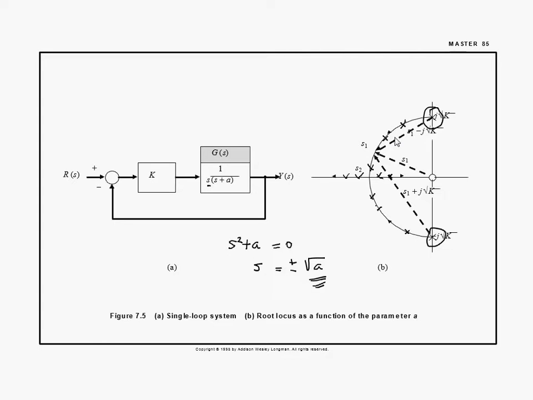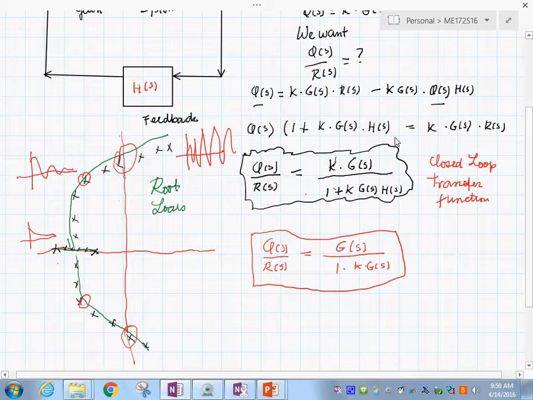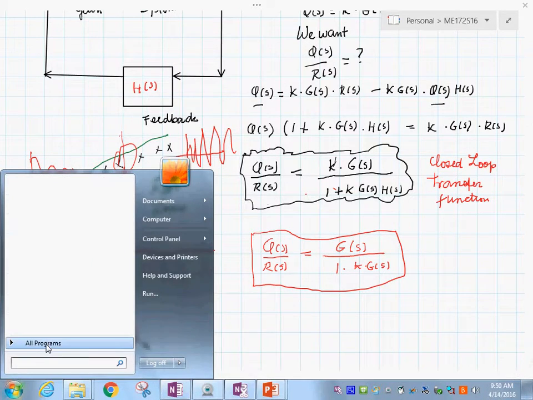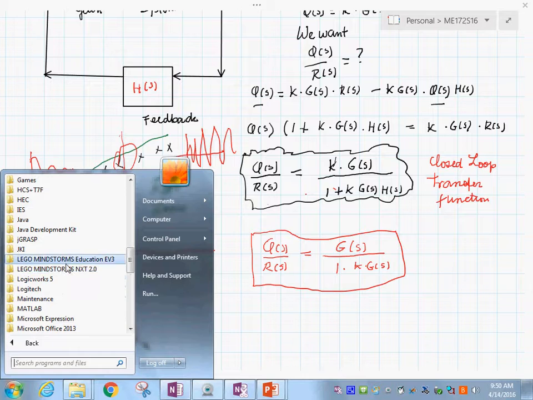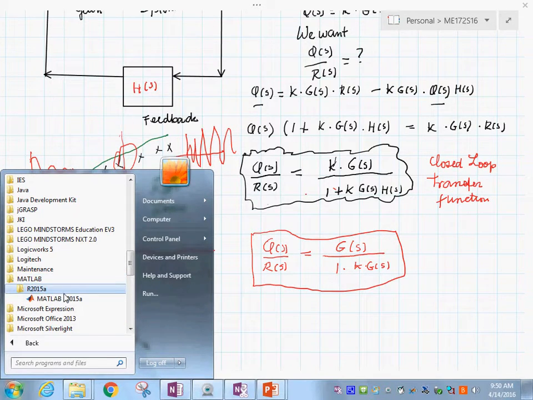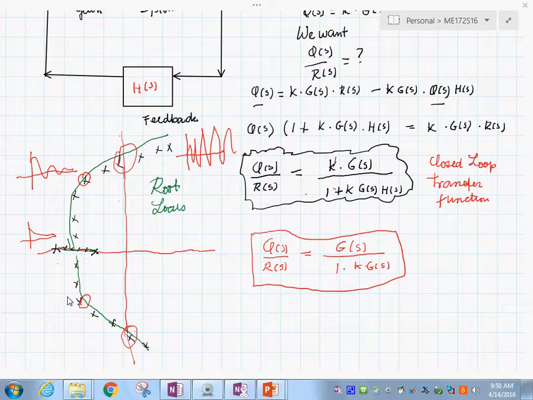I think we should just go over to my system here, and I am going to enter that transfer function into MATLAB and have it on the screen and running.